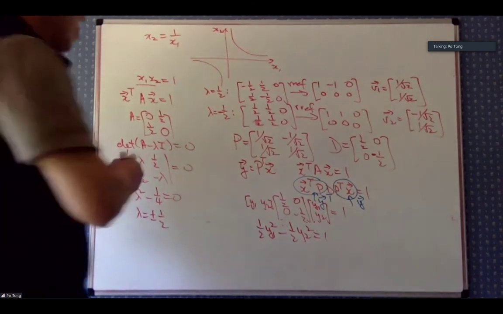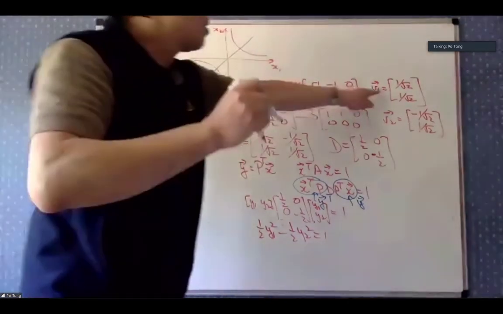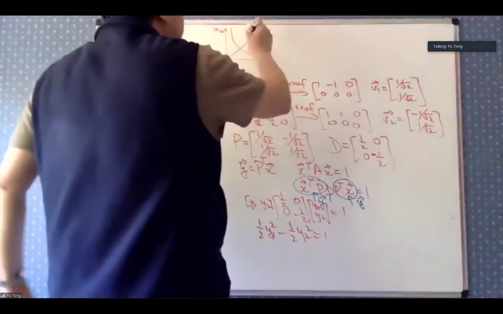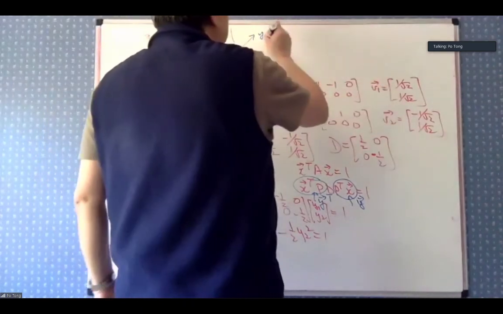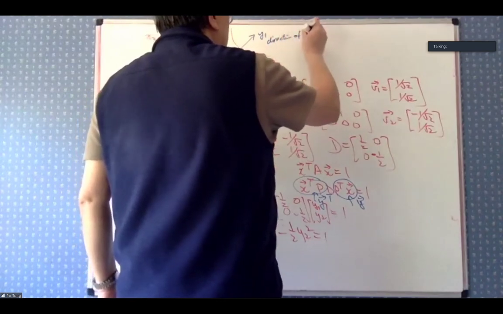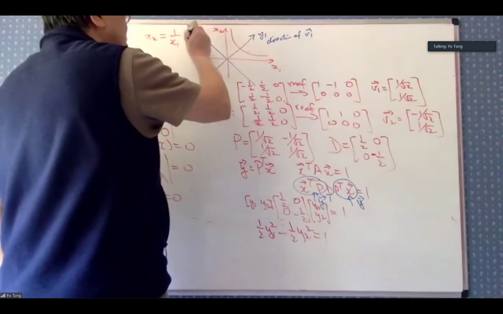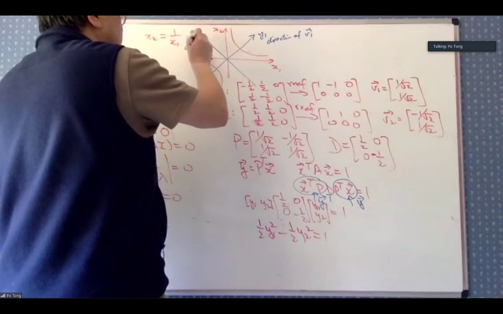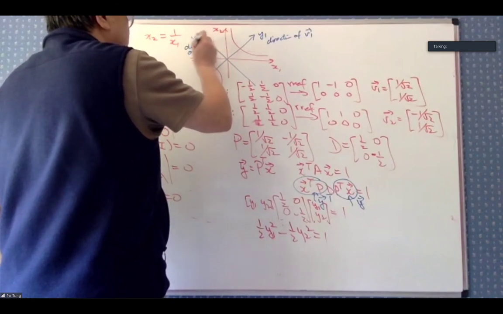So this guy is my y1, which is the direction of v1. And this one is y2, the direction of v2.